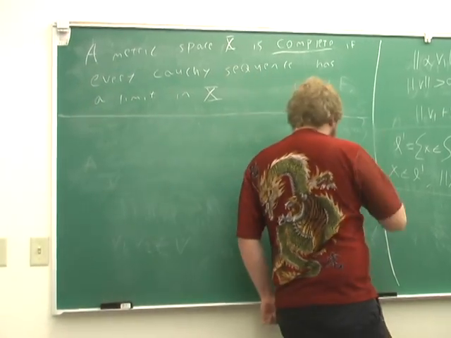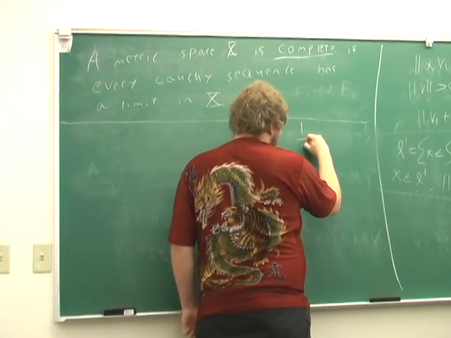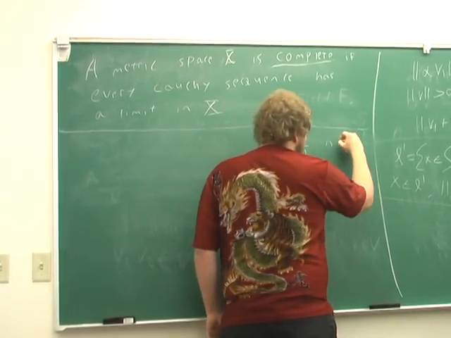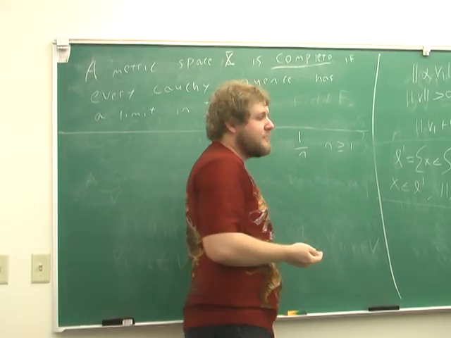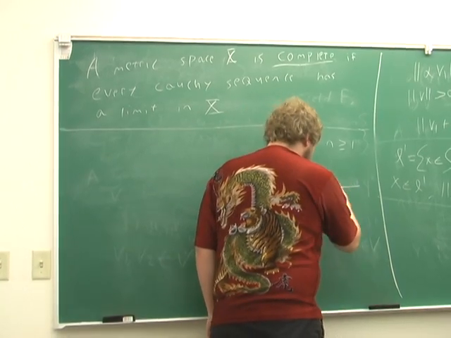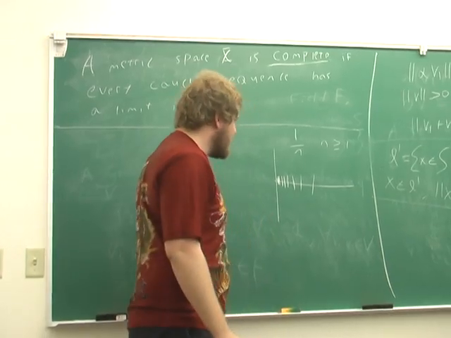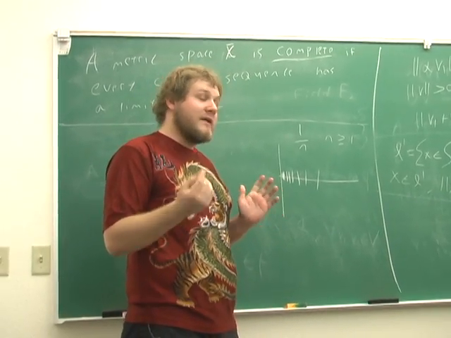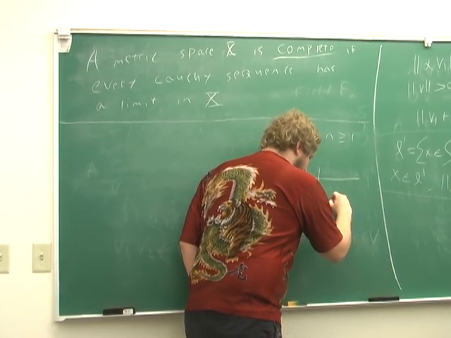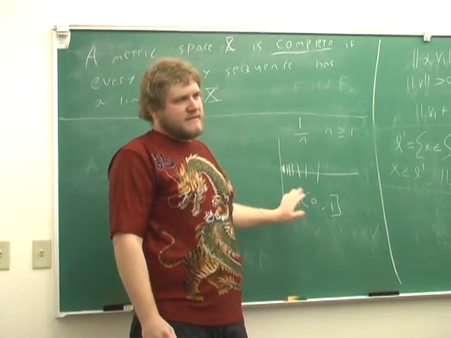So a simple example that's usually given is the sequence 1 over n, where n is a positive integer. The sequence on this interval does something where each successive element gets closer. If the metric space we're talking about is the open interval from, say, 0 to 1, or the half-open interval, then this Cauchy sequence doesn't converge.